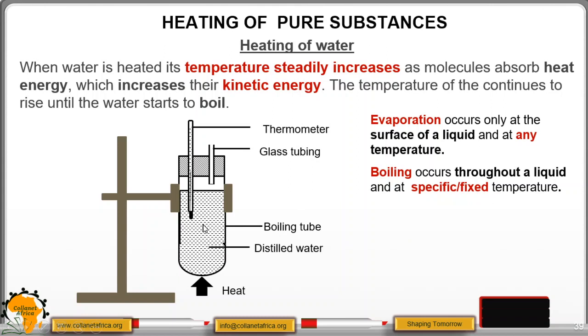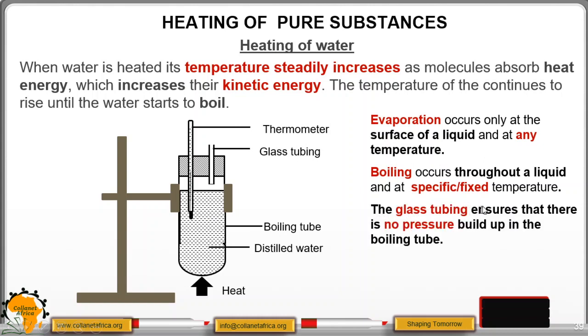For water at sea level, it is 100 degrees Celsius. But evaporation occurs at any temperature and only at the surface, while boiling occurs at a fixed temperature. The glass tubing ensures that there is no pressure buildup in the boiling tube. It allows the air or vapor to escape so that there is no pressure buildup.